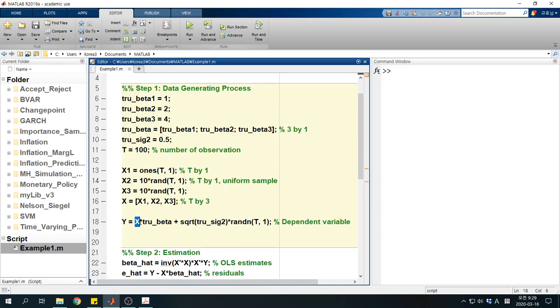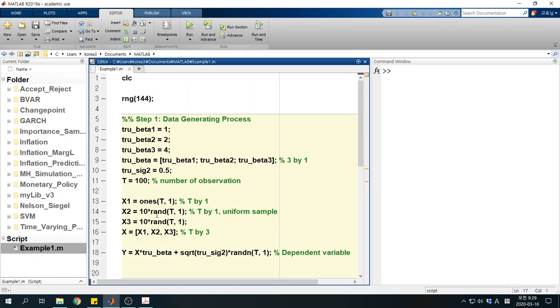So then explanatory variables times its impact on y, plus something else which is not explained by the independent variables. To do that, you will have to specify the true values, beta 1, beta 2, beta 3, and sigma square.